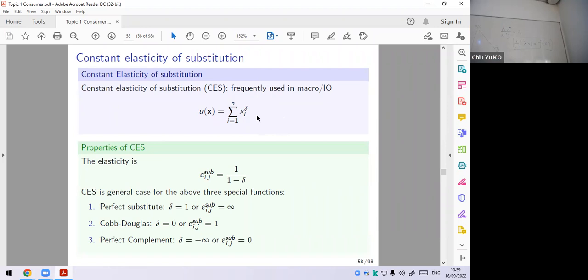That's different from when you have perfect substitutes or perfect complements. Cobb-Douglas may be fine, but if you try to add one more good to the system, how you model utility is a little bit tricky. But for CES it is rather simple. Just add one more term, and everything stays the same. It shouldn't be an issue.